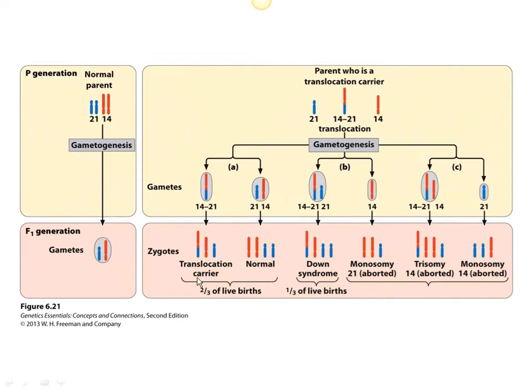So of the things that can survive, 2/3 will result in normal offspring, phenotypically normal. But 1/3 of the births will result in Down syndrome. That's pretty high risk. 1/3 of your children are at risk for Down syndrome, and that would be familial.